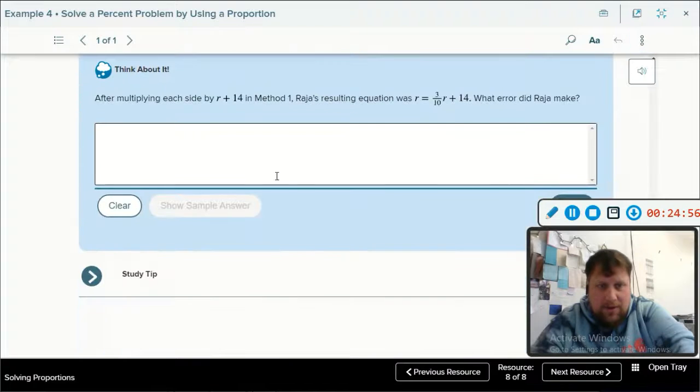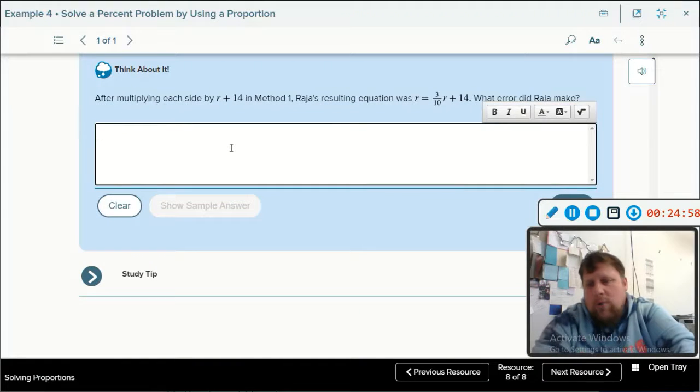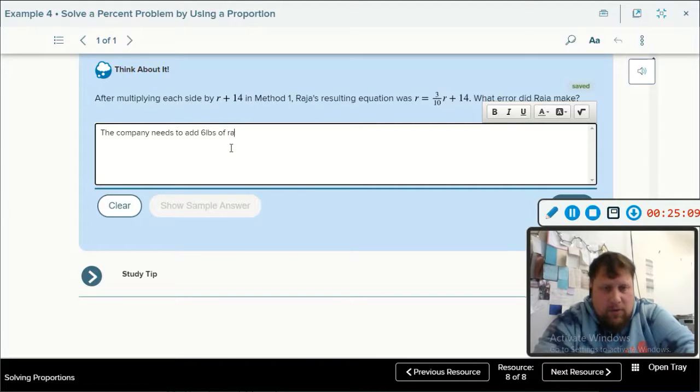Doesn't let me. I'm just going to use this to write in there. So what would I write about it? I would say the company needs to add 6 pounds of raisins to 14 pounds of mixed nuts in order to make a 30% trail mix or mixture.